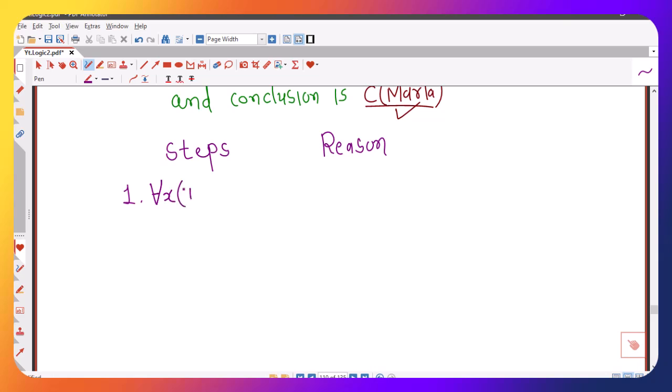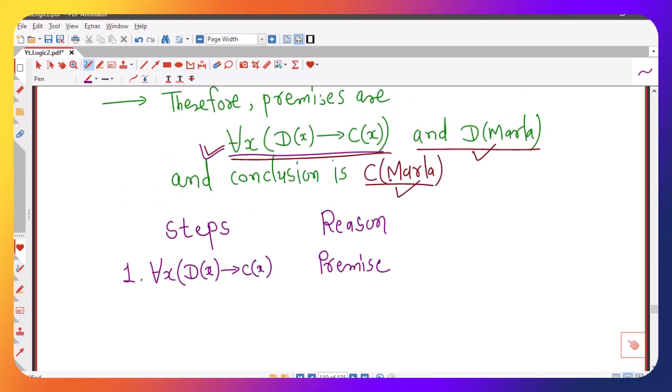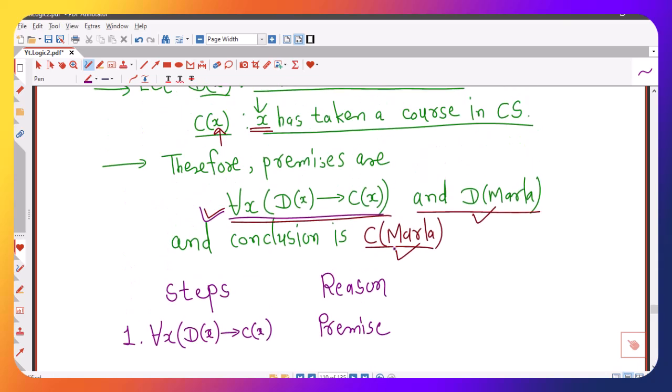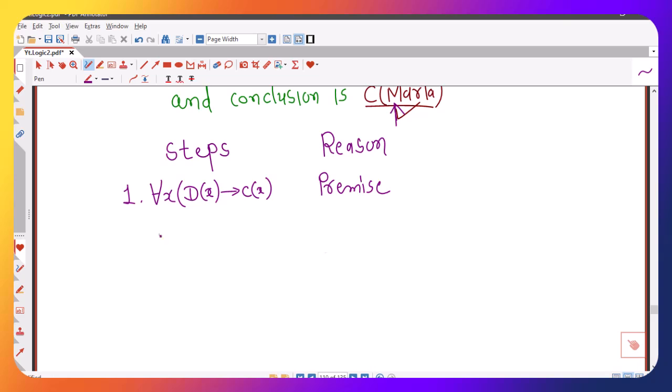For all x, D(x) implies C(x), and that is our premise. We have to conclude C of Marla, that is, Marla has taken a course in computer science, and D of Marla is that Marla is in the discrete mathematics class. So if I consider x equal to Marla here, because this is true for all x, therefore I can take x equal to Marla.